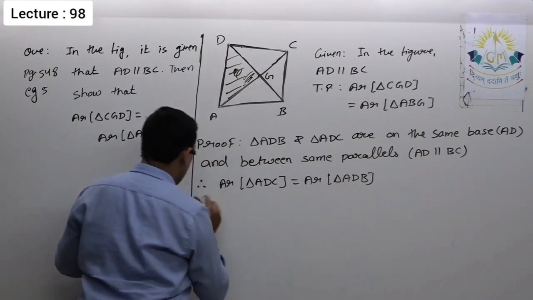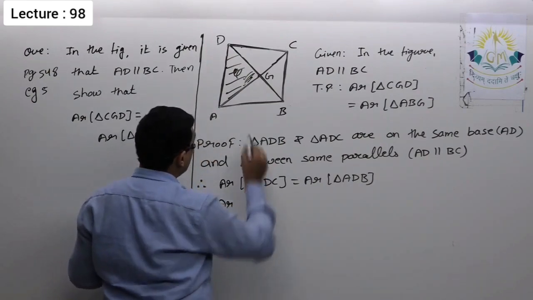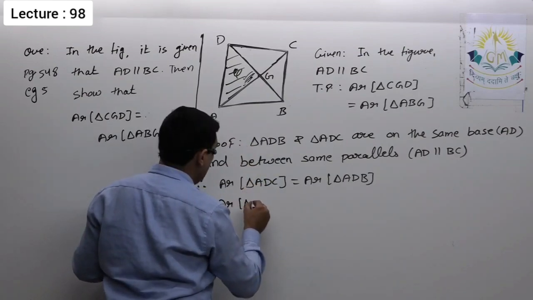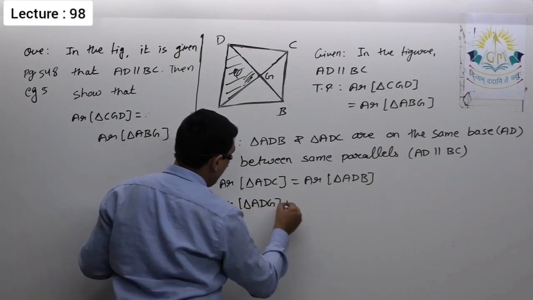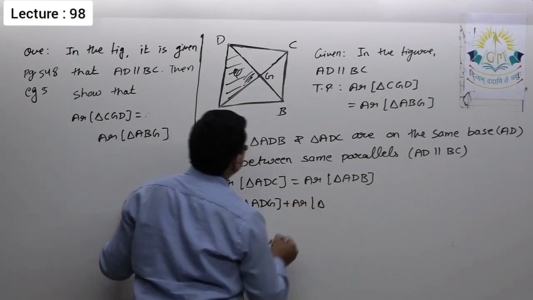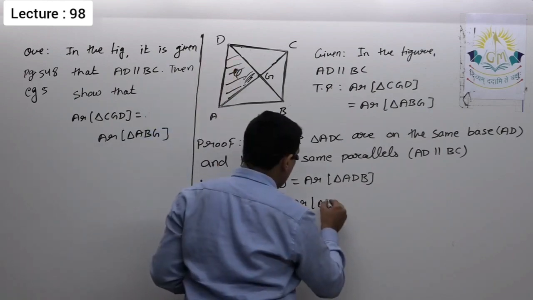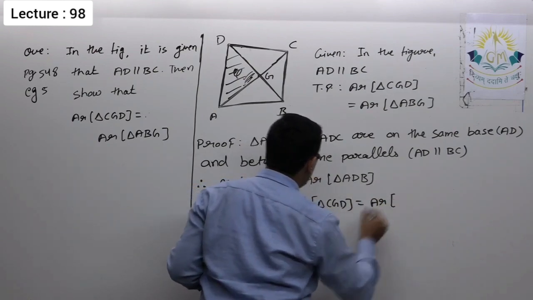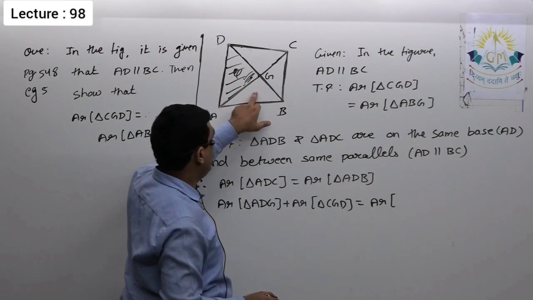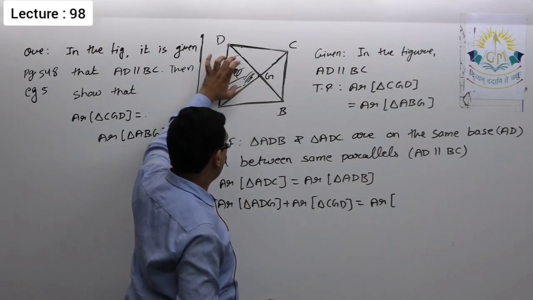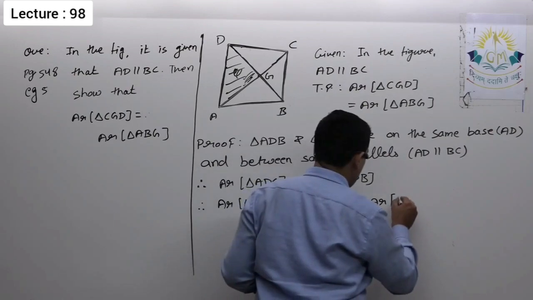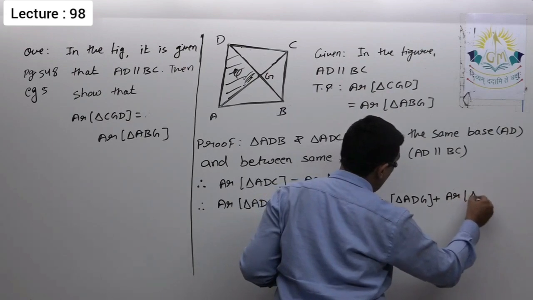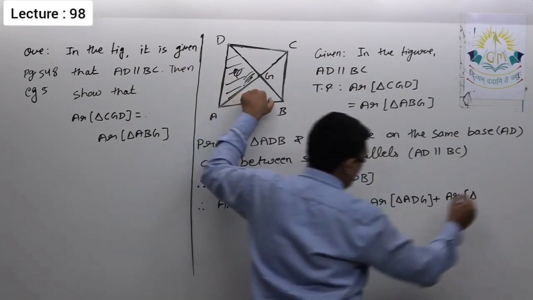So here I am writing area triangle ADC as area triangle ADG plus area triangle CGD, is equal to area triangle ADB, which I can write in terms of area triangle ADG plus area triangle ABG.